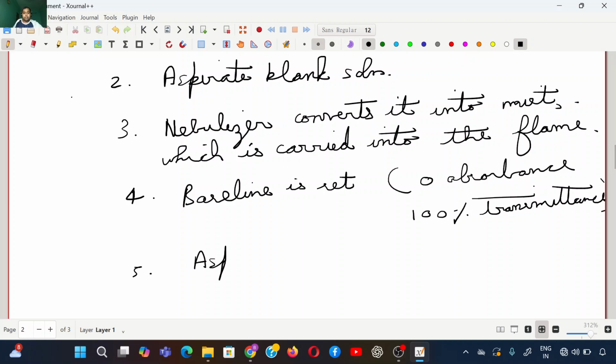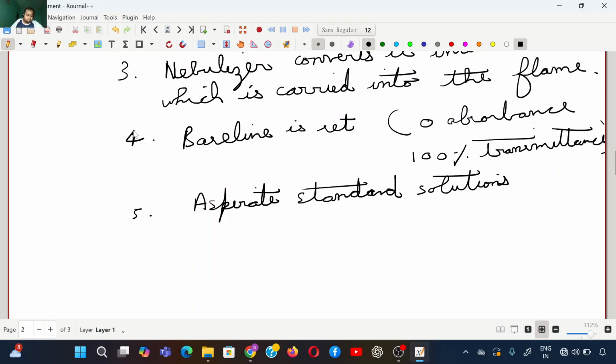So next you aspirate standard solutions. Standard means they will be of known concentration, say 1 ppm, 5 ppm, 10 ppm, 100 ppm. Every element will have its standard solution.